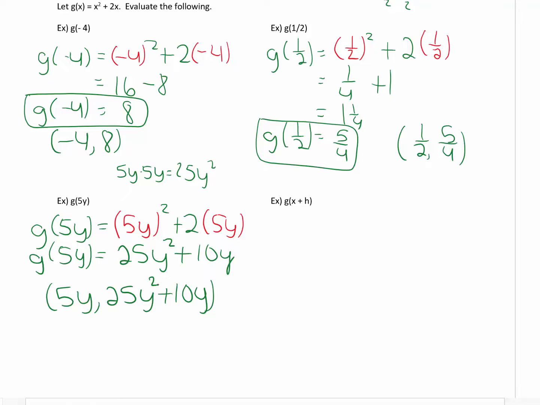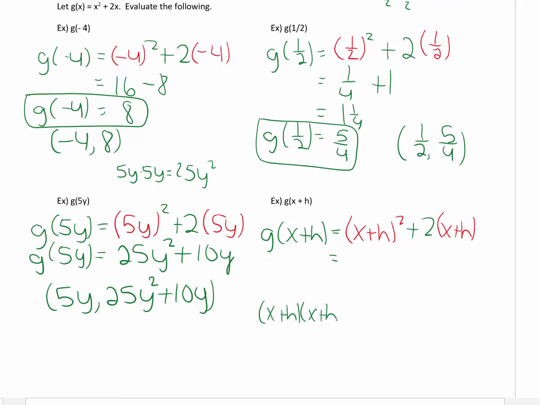Okay, one other example I want to take a look at is g of x plus h. So let's write this first. So this can be written as, okay, x plus h times x plus h, I can FOIL that. That's x squared plus xh plus xh plus h squared, which is the same thing as x squared plus 2xh plus h squared.